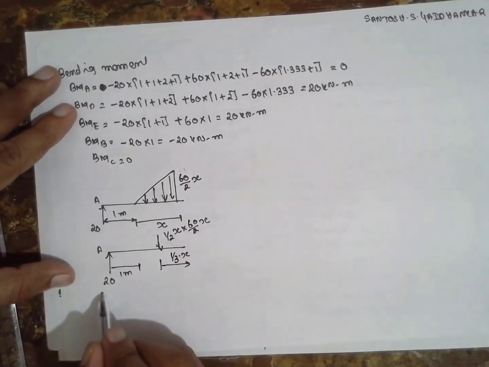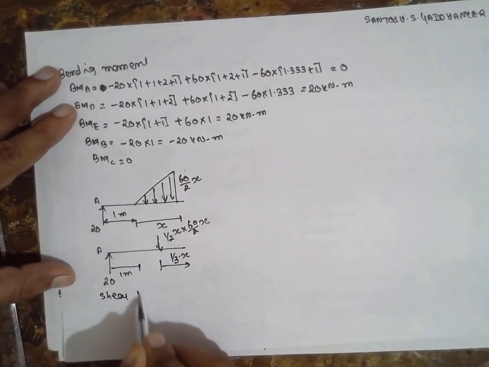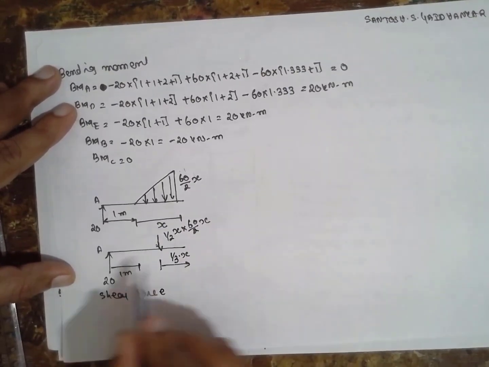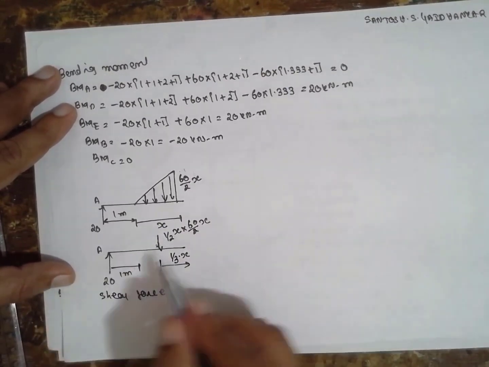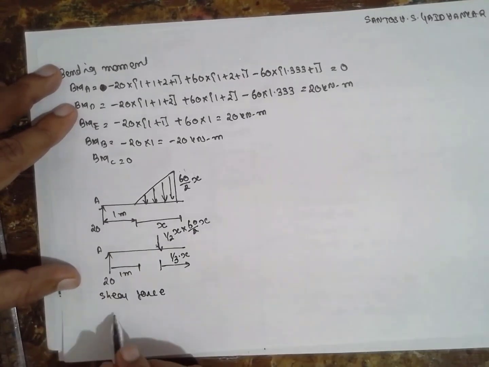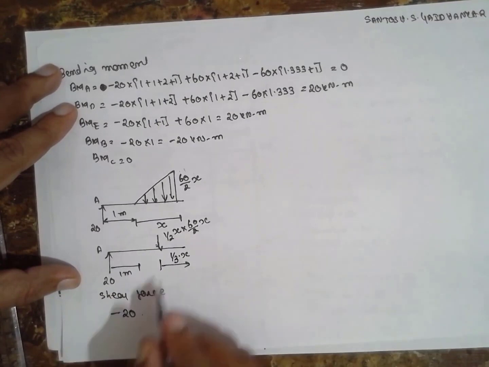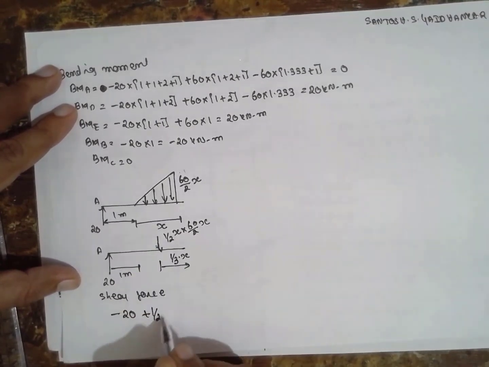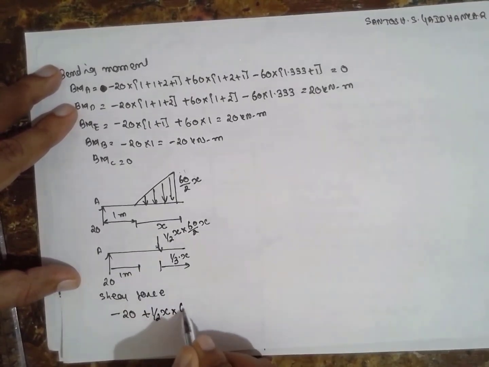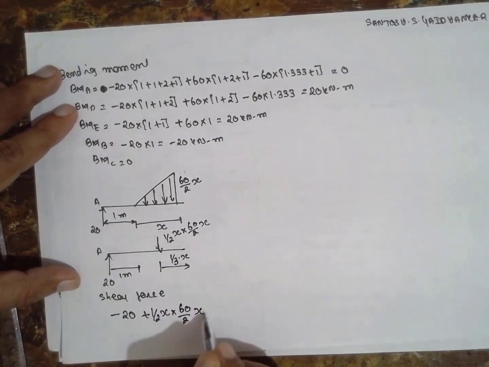Because with the help of shear force you can easily find out. In the shear force only the loads, the intensities, are required. Now it is a bottom load, therefore we are considering minus 20. From the top, plus 1 by 2 x into 60 divided by 2 into x is equal to 0.